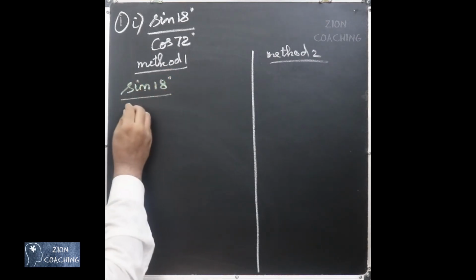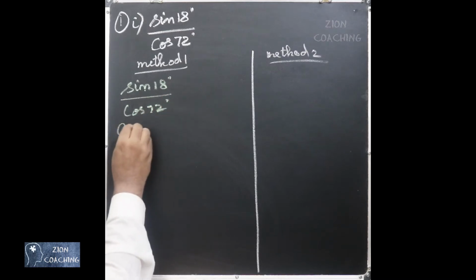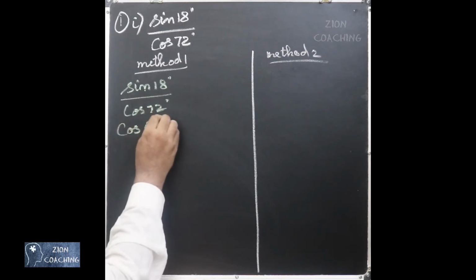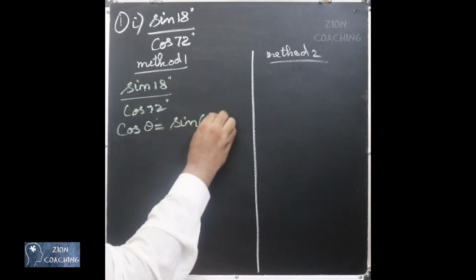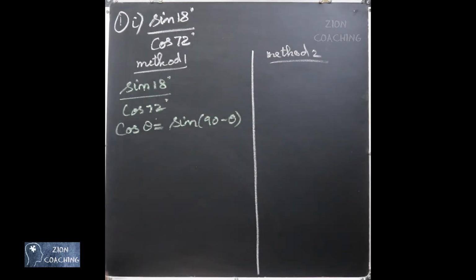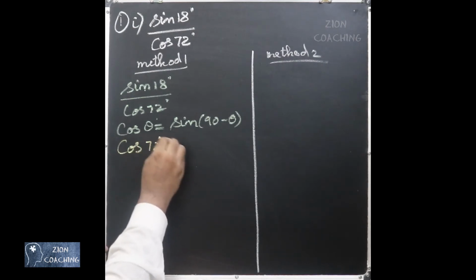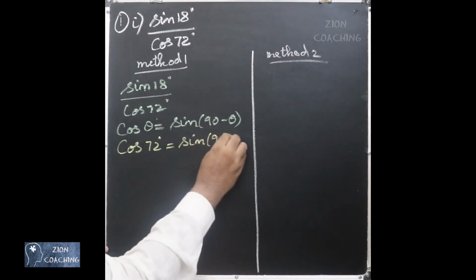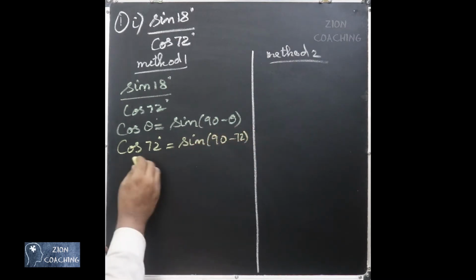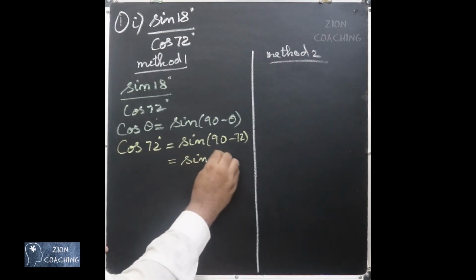by cos 72 degree. We know that cos theta is equal to sin 90 minus theta. So then we will have cos 72 degree equal to sin 90 minus 72 degree, which is going to be sin 18 degree.